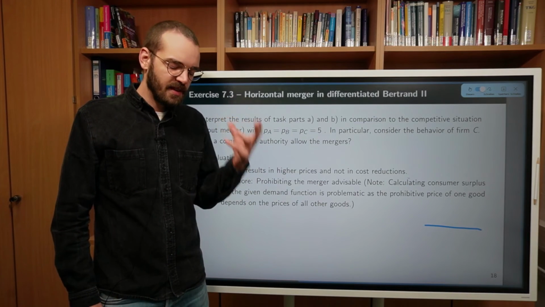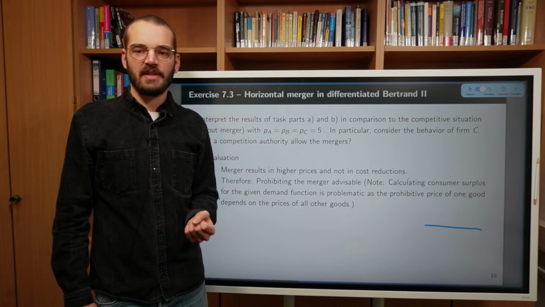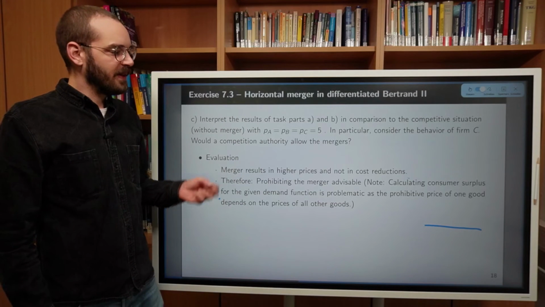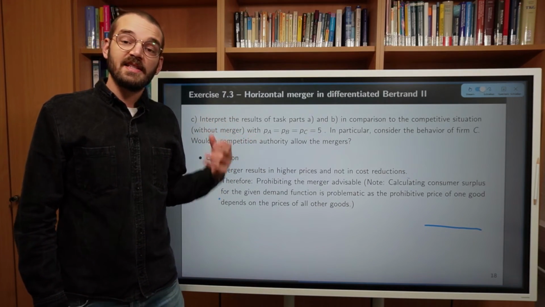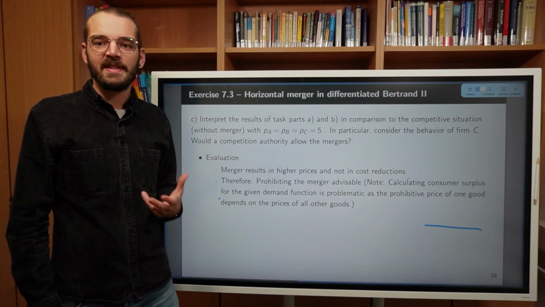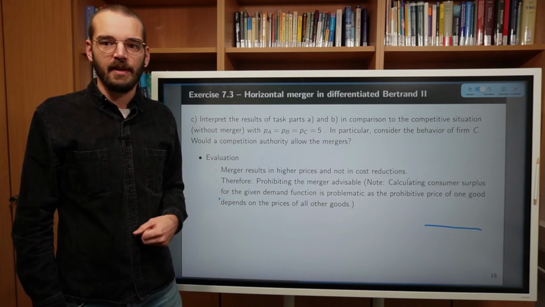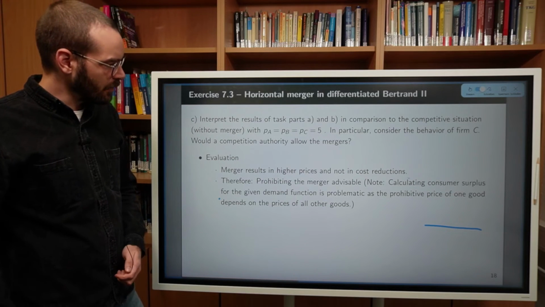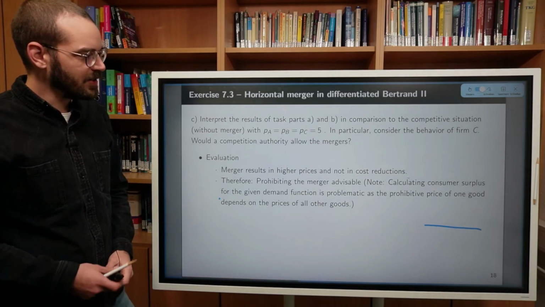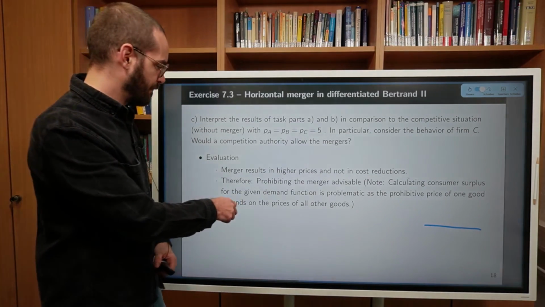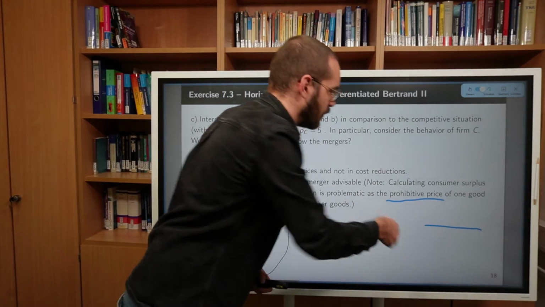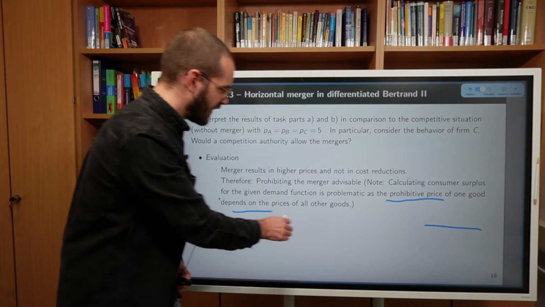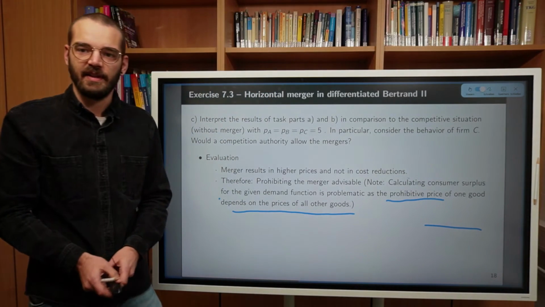And if you think about how you would calculate consumer surplus in this situation, well, it's not that easy in a differentiated Bertrand, simply because we don't have a prohibitive price in this scenario, right? Just by looking at the demand functions, you will realize that the prohibitive price of one good depends on the price of all other goods, right?